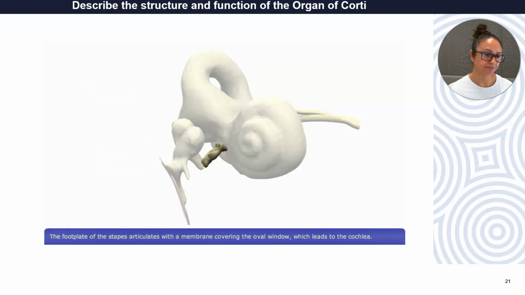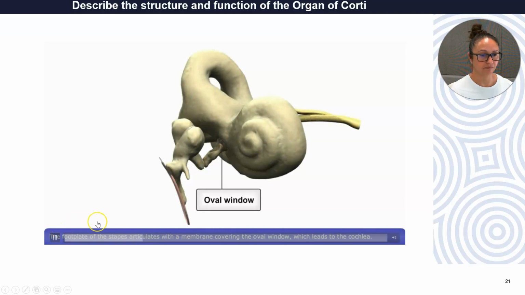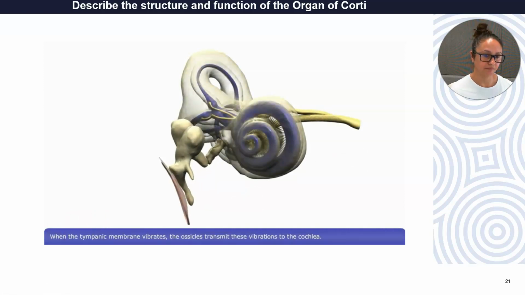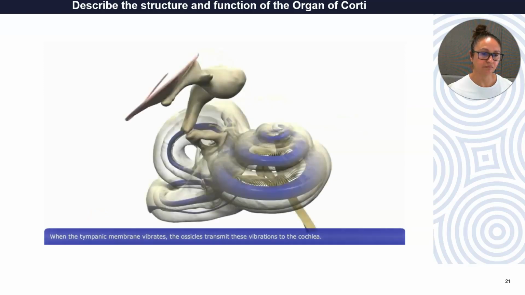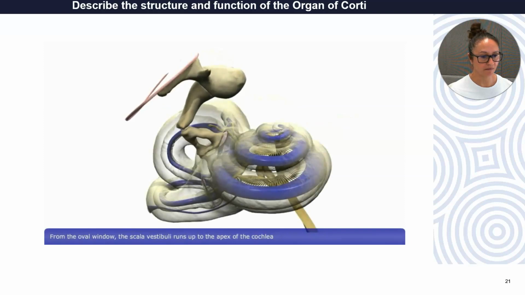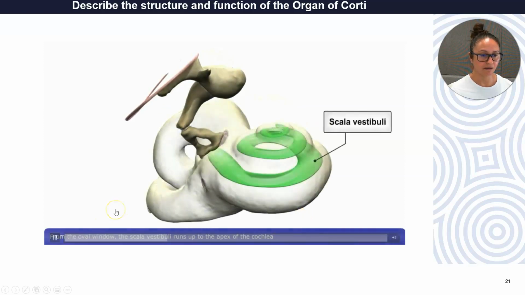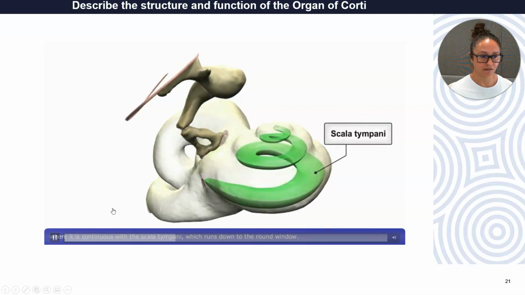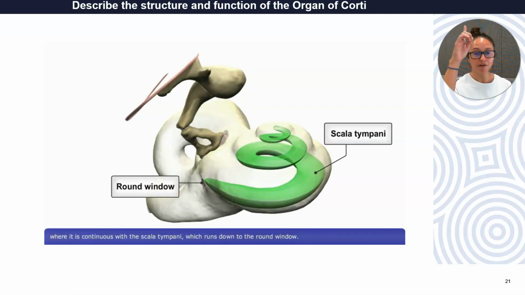The footplate of the stapes articulates with a membrane covering the oval window, which leads to the cochlea. When the tympanic membrane vibrates, the ossicles transmit these vibrations to the cochlea. From the oval window, the scala vestibuli runs up to the apex of the cochlea, where it is continuous with the scala tympani, which runs down to the round window. So essentially, this is showing you how the fluid goes up and then the fluid comes down.